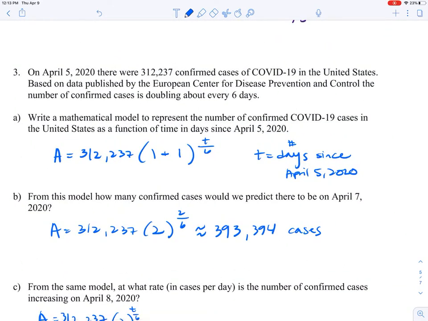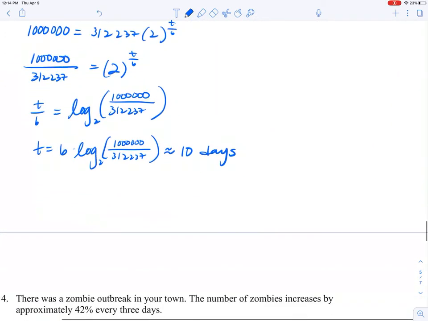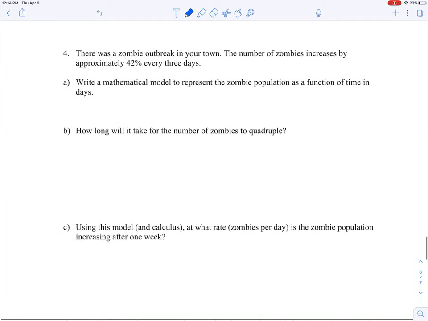So that's why these numbers are not actually accurate. The doubling time back on April 5th was approximately every 6 days. But again, because there is intervention, and there's also some error based on how tests are being performed, like availability of tests, that also affects the numbers.